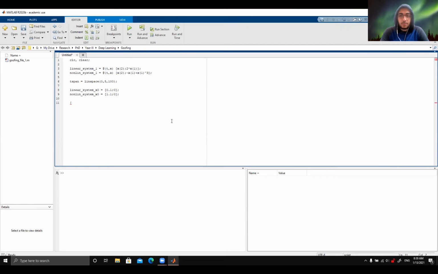So now we compute this x linear system. x is equal to ode45 of linear system 1, tspan and linear system x0.